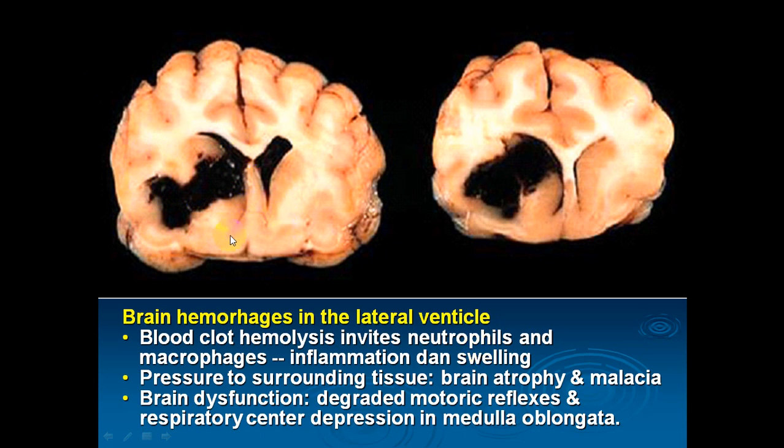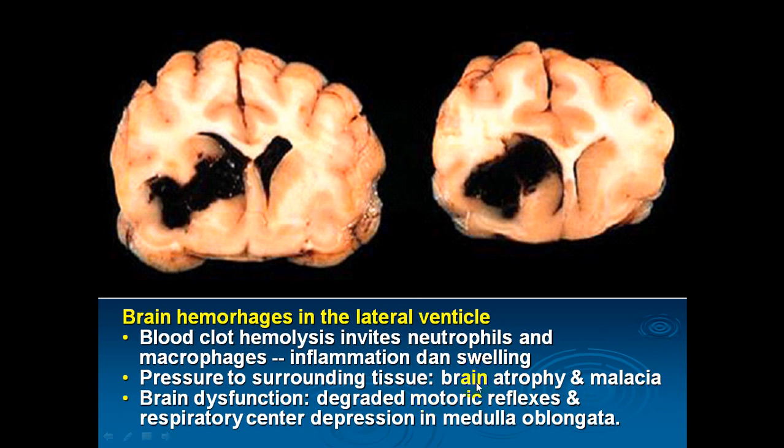If it occurs in the long term, it will cause brain atrophy and also necrosis of the brain tissue. We call it malacia. And of course, if there is damage in the brain tissue, it will lead to decreased function or dysfunction of the brain.